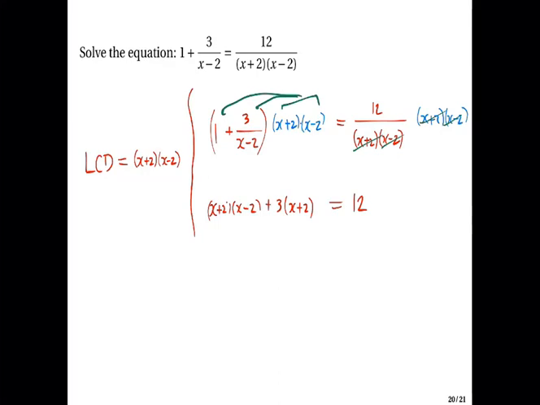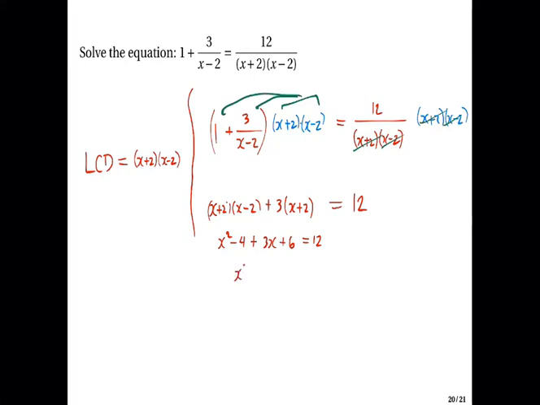Then simplify: x plus 2 times x minus 2, that's x squared minus 4, plus distribute this, you will get 3x. Then here, 3 times 2, that's your 6. And then equals 12.